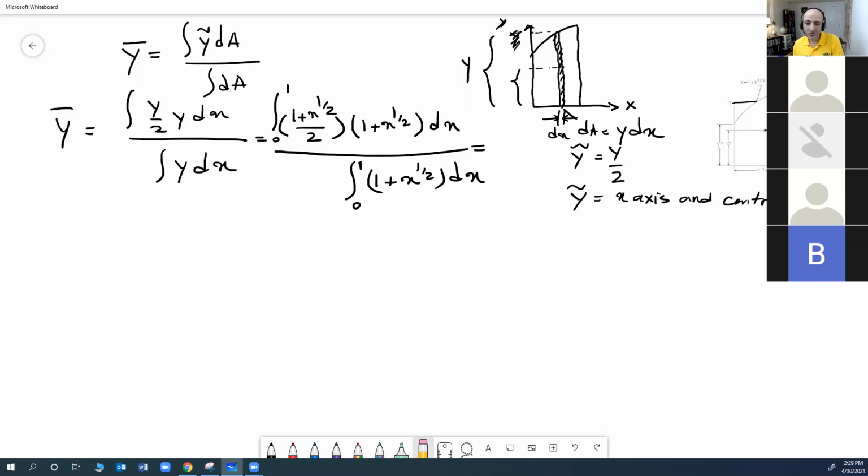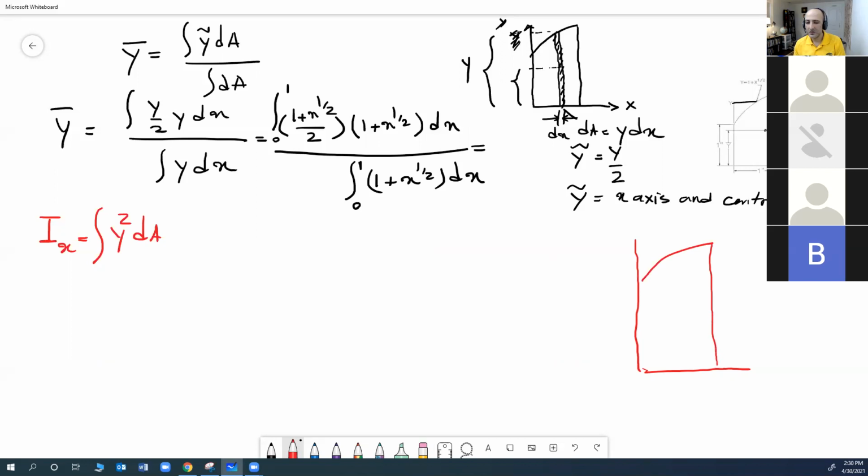Okay, let's do the Ix. The integral is opposite, right? So I'm going to draw another sliver of your area. So which way should my sliver be?